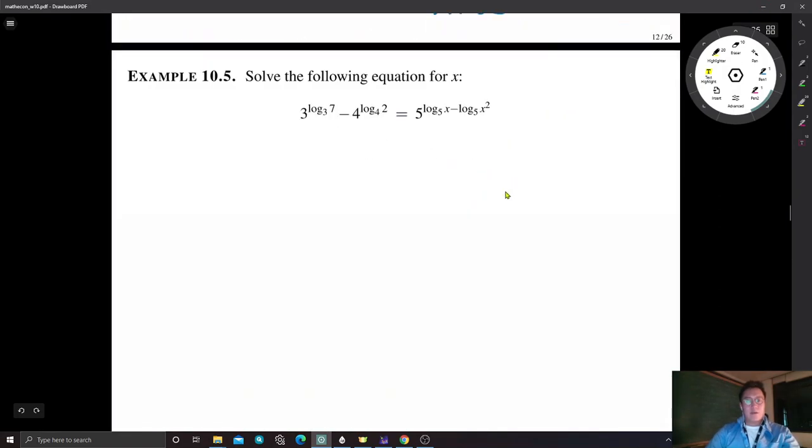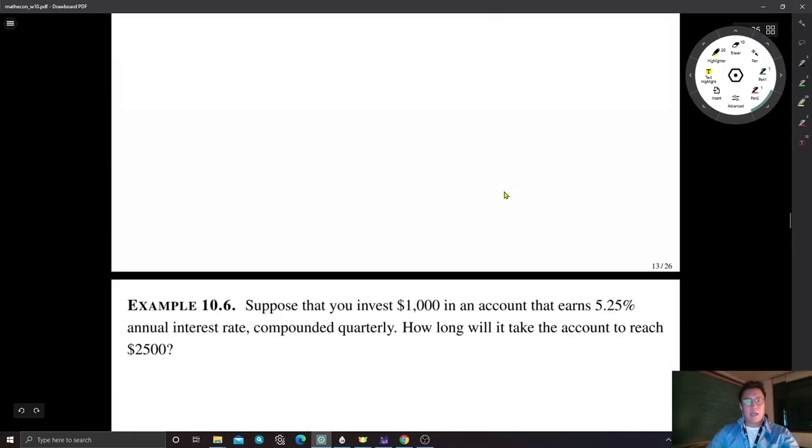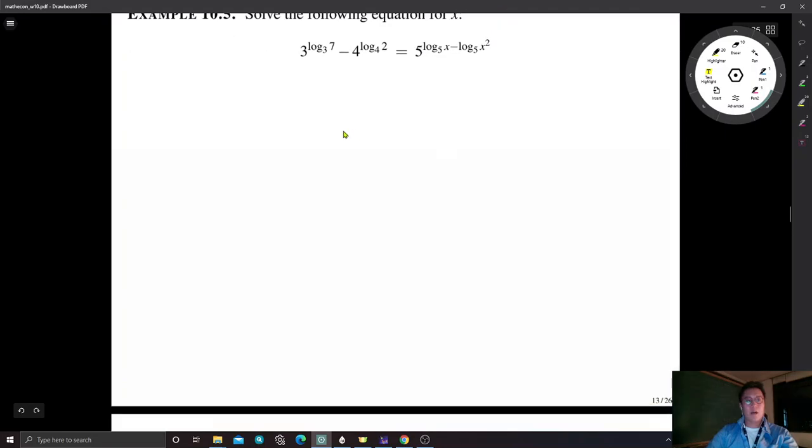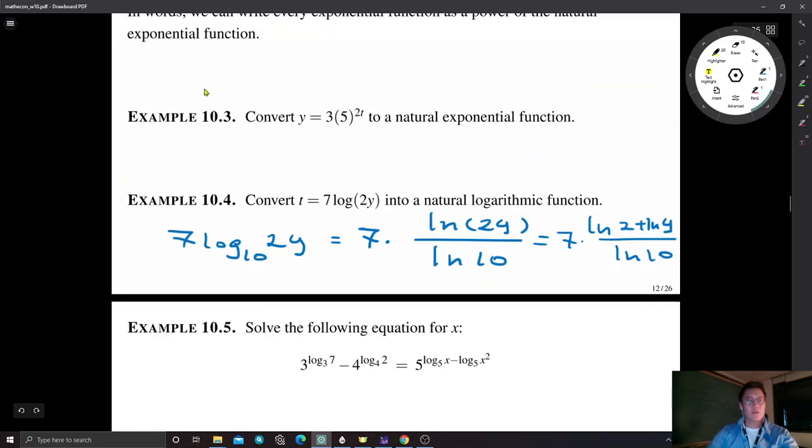Let me just do two more examples. How to convert this function to a natural exponential function? 3 times 5 to the power 2t.